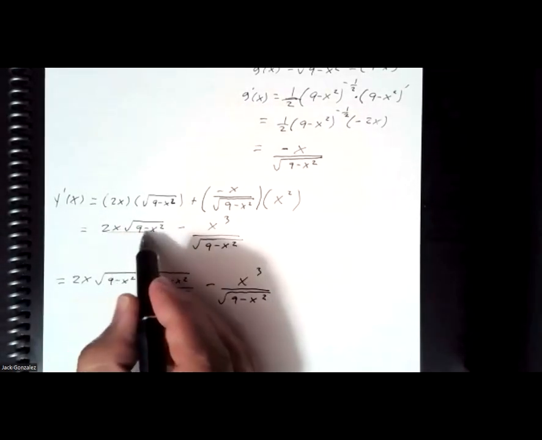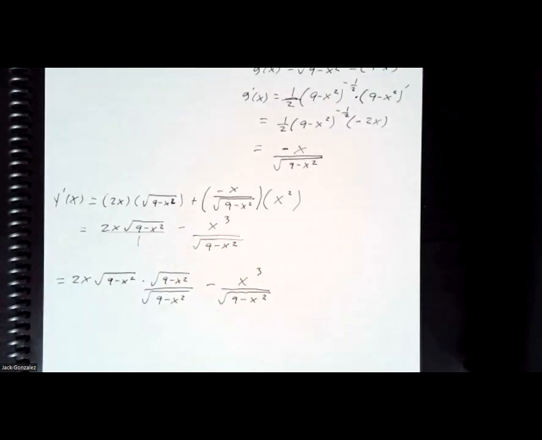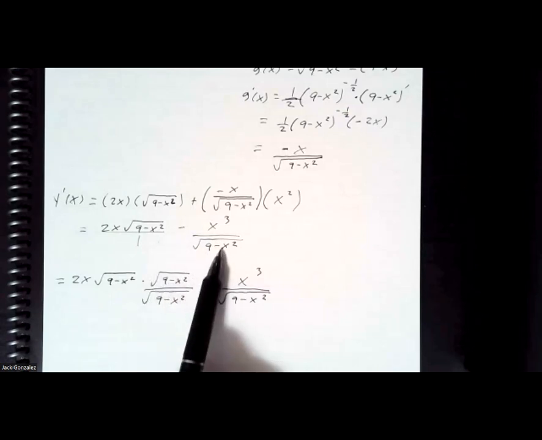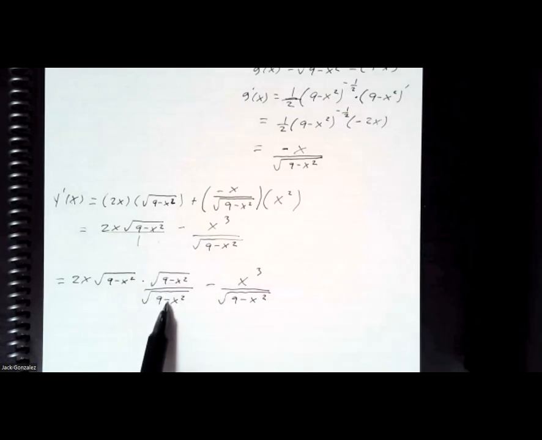So you see that this is over 1, right? Yes. So in order to add it, they need the same denominator. So I chose this one. Right? Yeah. Okay. Yep. So now they have the same. The only thing is I'm going to have to deal with this multiplication. Yeah. Okay.